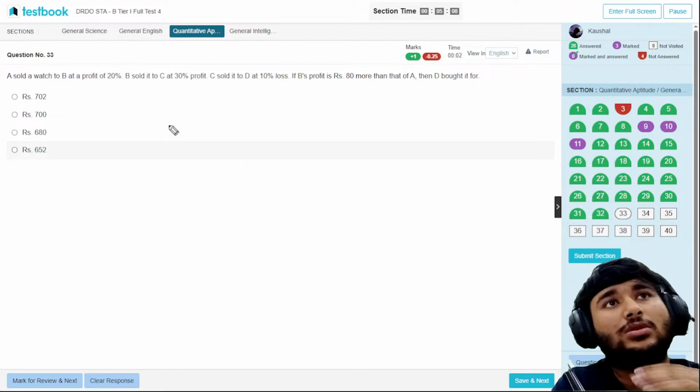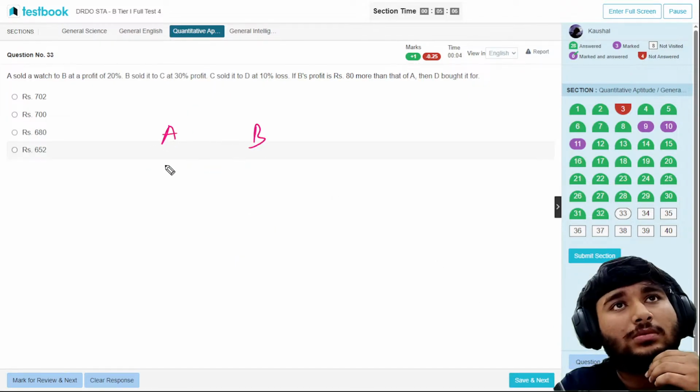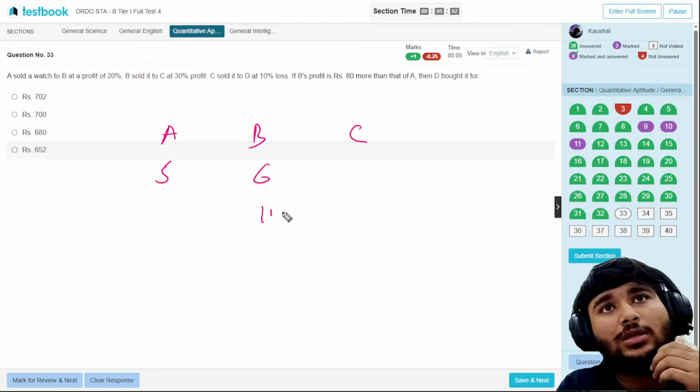He sold a watch to B at a profit of 5 6 में. B sold to C at a 10.